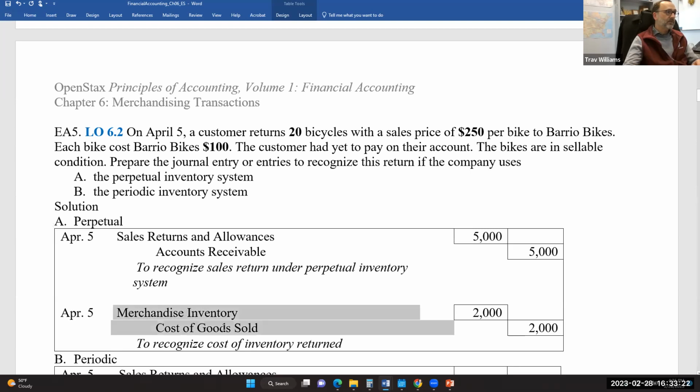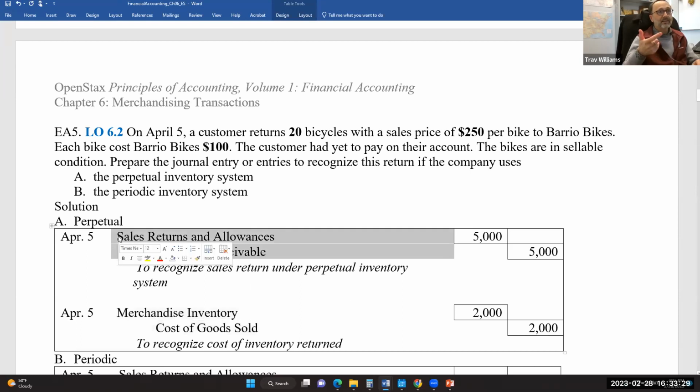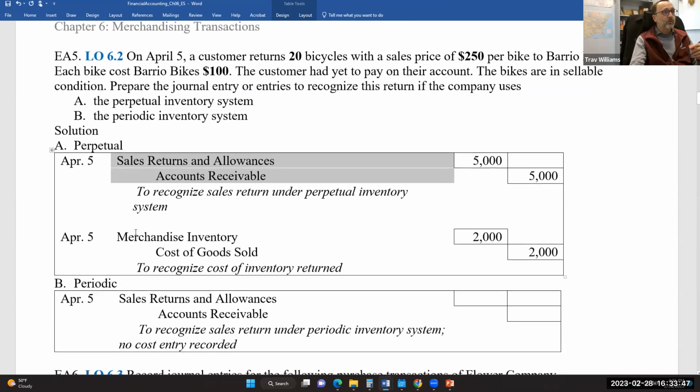These two accounts got flipped. And these two accounts got flipped, except that sales turned into sales returns and allowances. Okay? So that's how you record a return using the perpetual method. With the periodic method, the only difference is you don't have to record the inventory part.